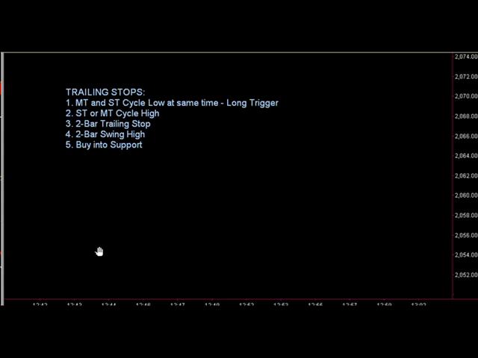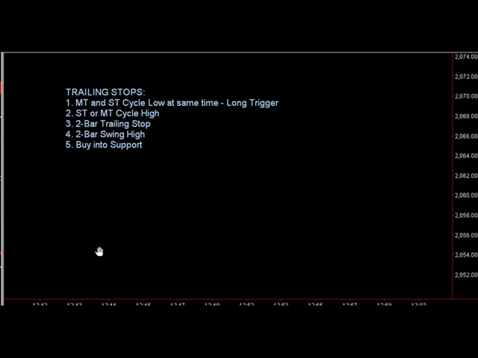and see what happens. My next stop would be using that first trailing stop. In other words, if that medium-term cycle indicator hooks up and/or momentum hooks up, and I get cycle lows occurring on both time frames concurrently, and I get a trigger for a long setup, I'm definitely getting out.